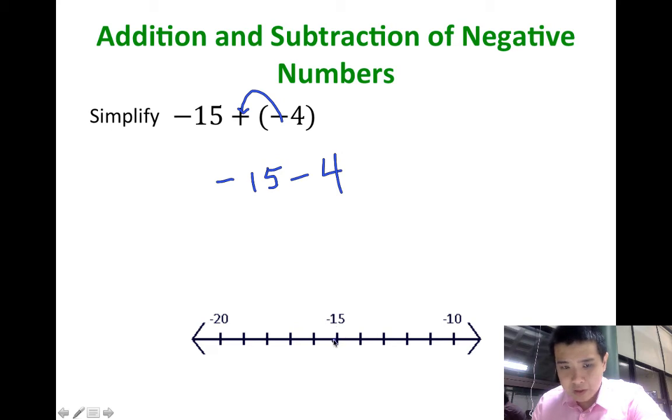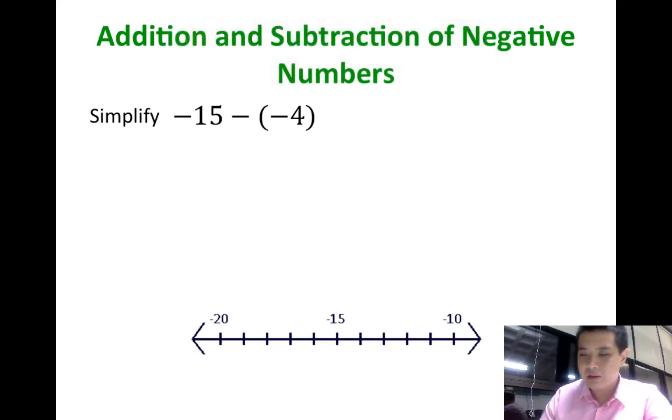So we're going to be going to the left 4 spaces. 1, 2, 3, 4. This is negative 19. Again, we take a look at the second number. And this negative tells us that we are actually not adding, but subtracting.